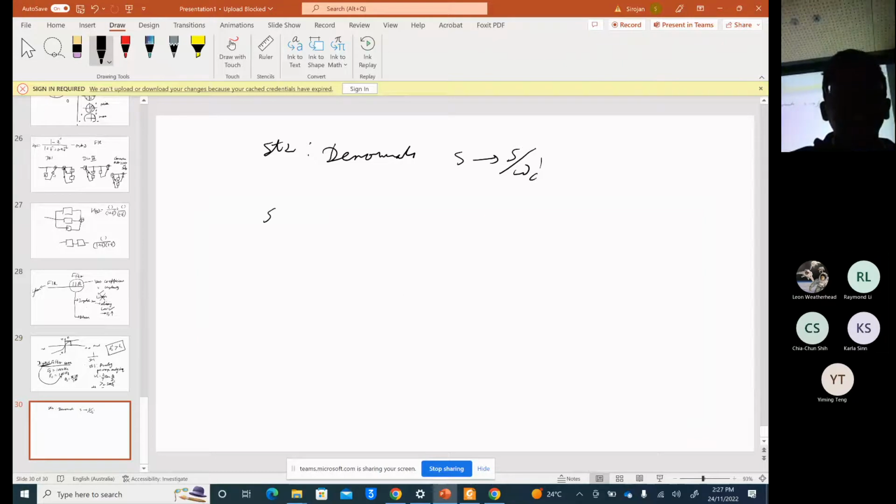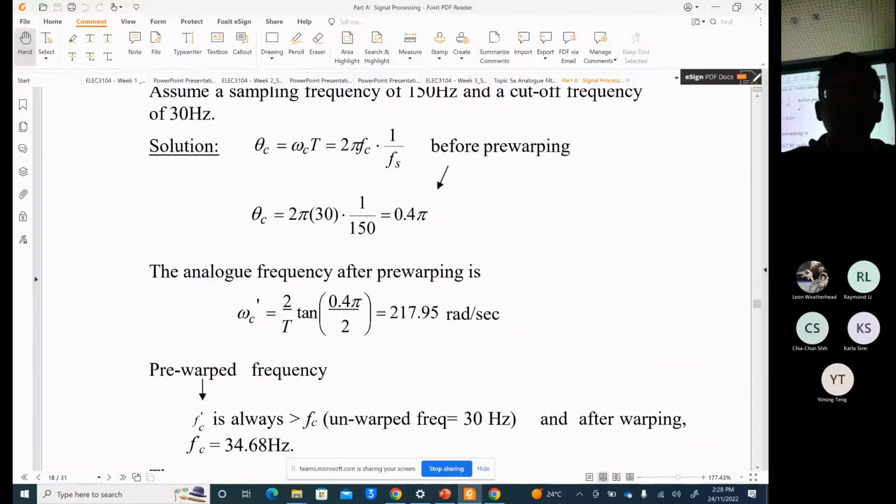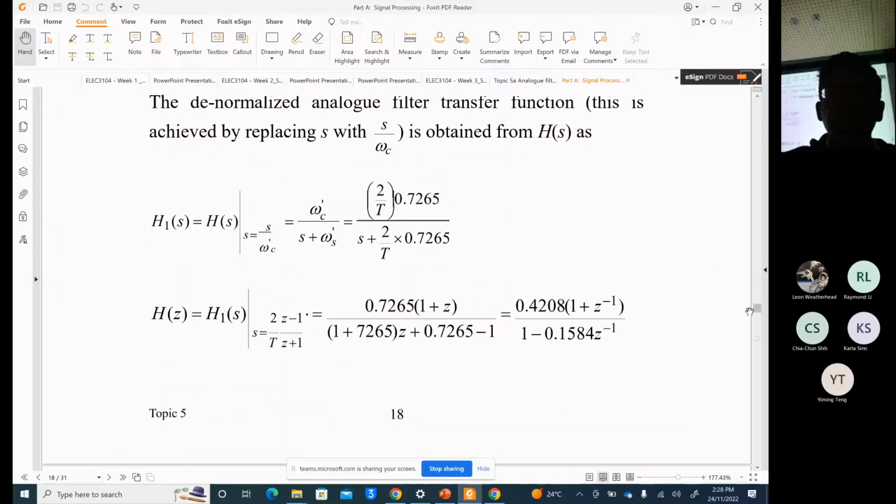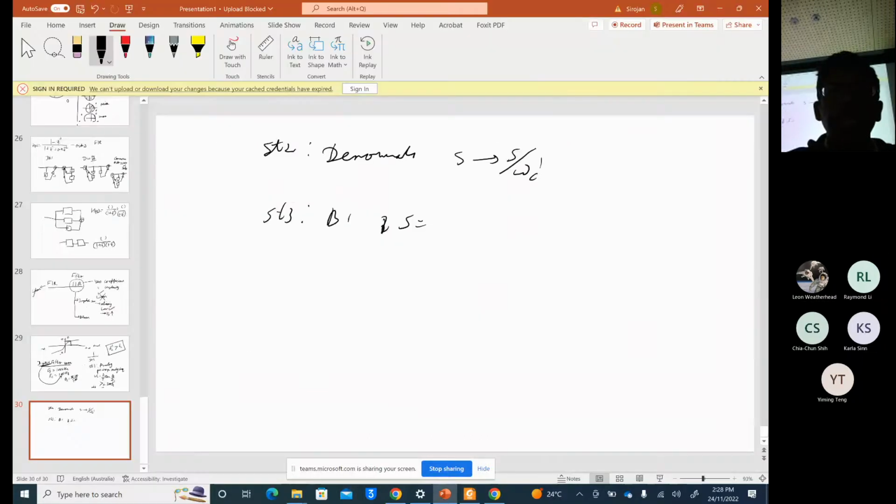Then step 3, you replace using the bilinear transform equation. You know that equation: S equals 2/T times (z minus 1) over (z plus 1).